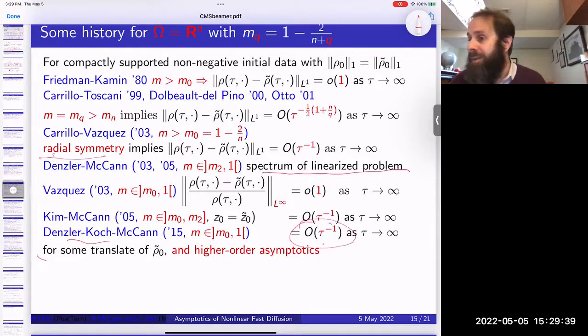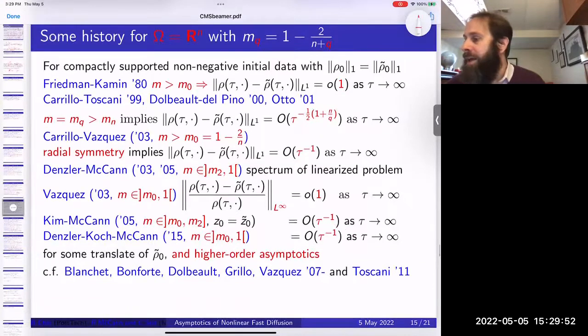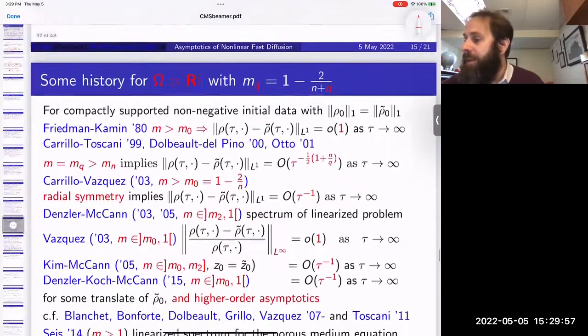So you don't really need radial symmetry, you just need the center of masses to be in the same place. And then we were able to capture higher order asymptotics up to, I think, the square of this rate. Not the higher order asymptotics, but the rate was obtained by other authors at about the same time.